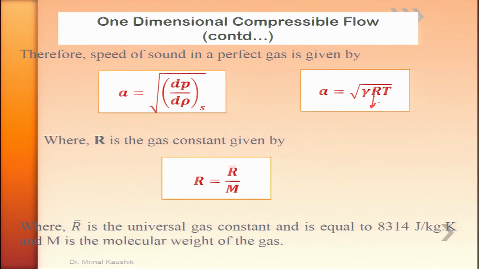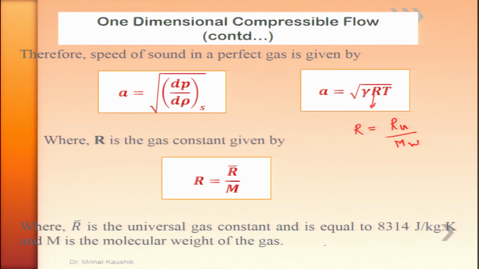Many of you might be knowing, and many of you may not know, please pay attention, as we are going to see an interesting fact about this simplified relationship, which is easily obtained. We know that this is a specific gas constant, and the specific gas constant, as we have seen from kinetic theory of gases, can be written as the universal gas constant divided by the molecular weight.